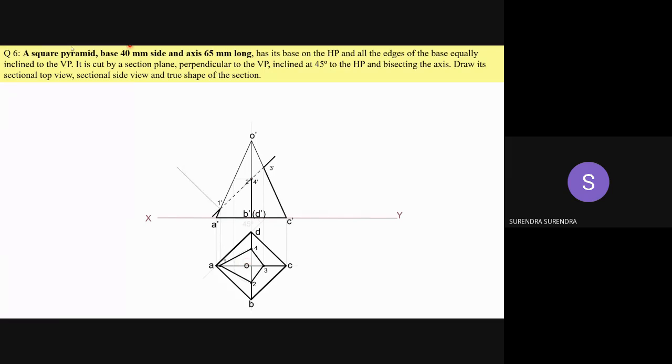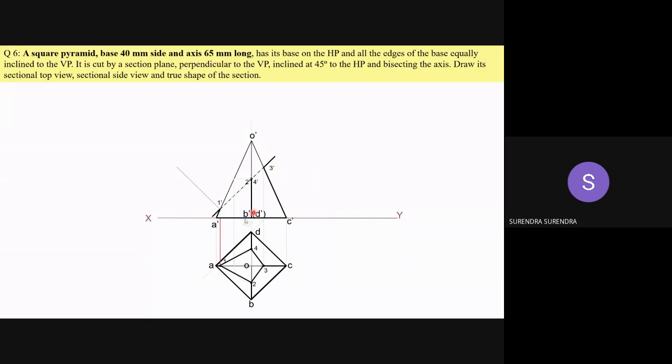So now, in the problem he has asked you to draw the true shape of the section. For drawing the true shape of the section, draw the perpendicular lines from 1, 2, 3 and 4. From all these points, draw the perpendicular line to the section plane or cutting plane.